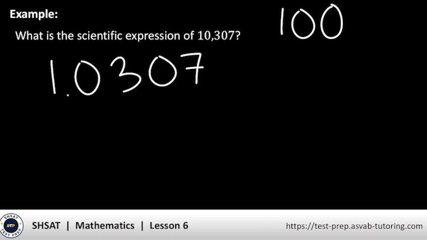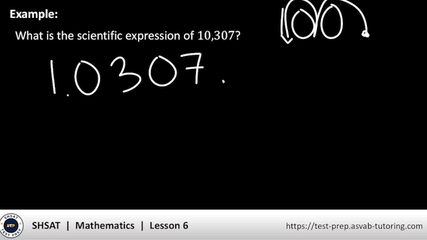So what you do here is imagine that there is a decimal next to the entire number, and you need to drag it to the point where it's right next to the first digit. So in this case, with 10,307, we don't see any decimal, which means that there is a hidden decimal right next to the entire number.